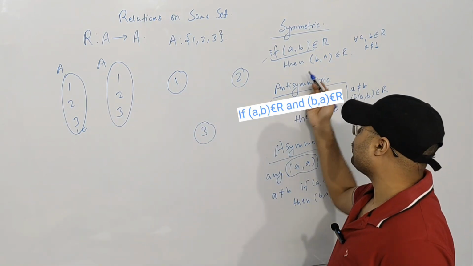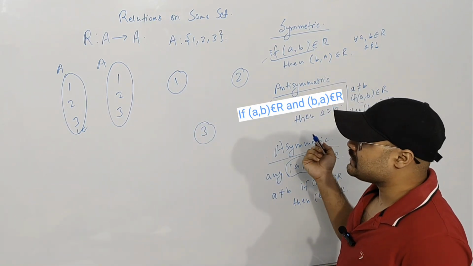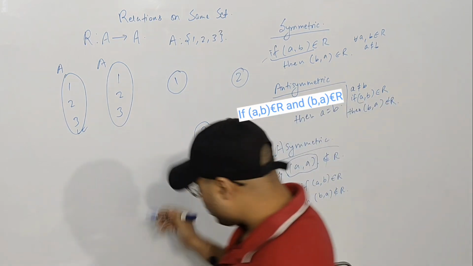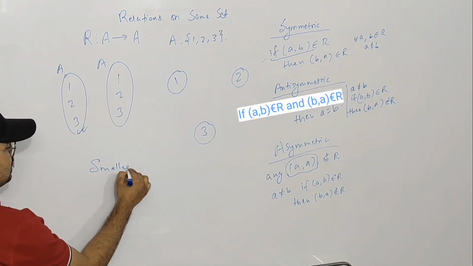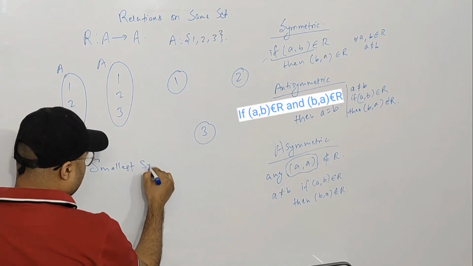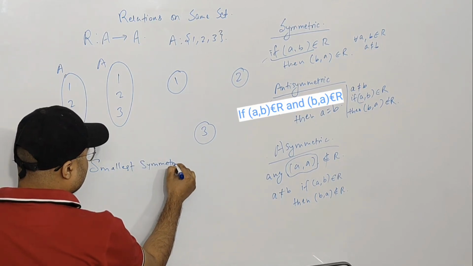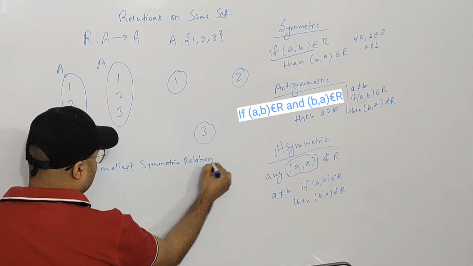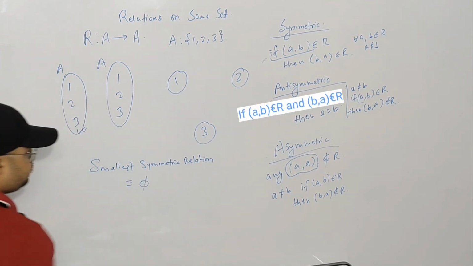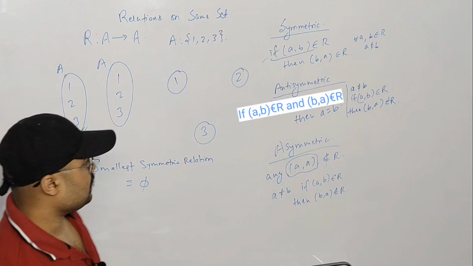I don't have to check whether b comma a is there or not. So the smallest symmetric relation is phi. What about anti-symmetric?